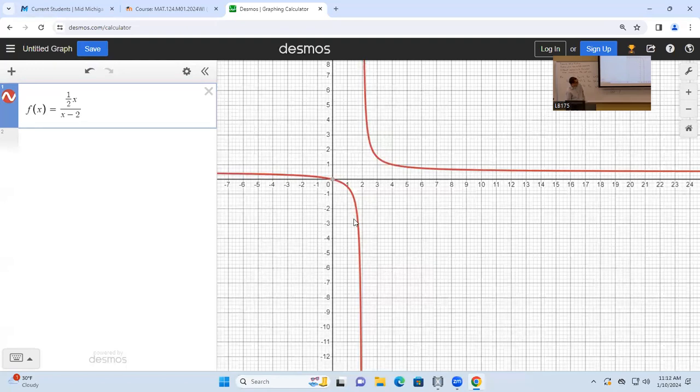Let's say if I'm going left to right, it would go down all the way as far as I can draw, and then I have to lift it up and start over here. So at that asymptote, it's not continuous either. So this one is also not continuous at the x value of 2. We have that value that's discontinuous.